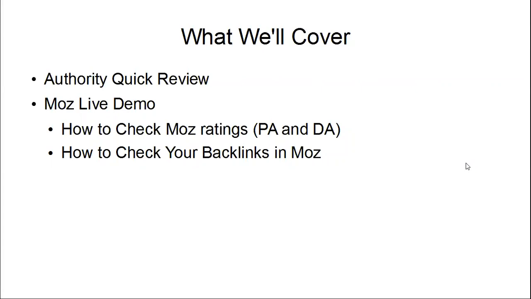Then we'll go into a live demo of Moz and how you can use that to find out what the authority ratings of your website are, as well as a quick reason why you want to use Moz's ratings as opposed to Google's own direct ratings, and how to check your Moz ratings and your backlinks on Moz so you can see who's linking to your website.